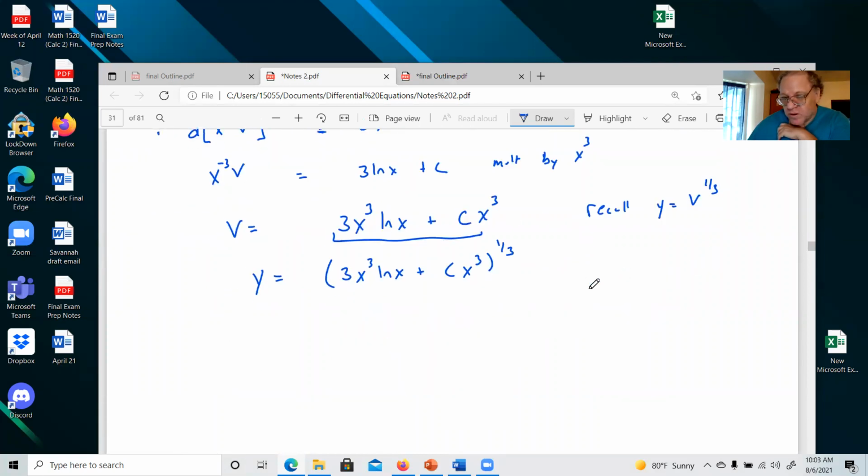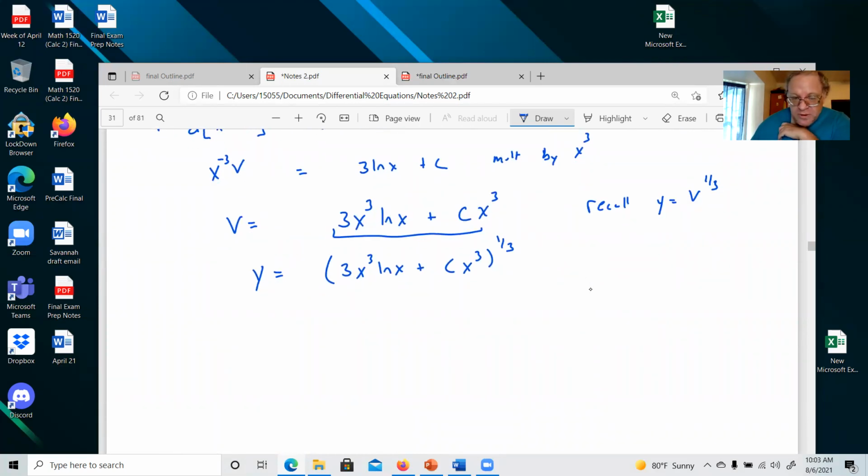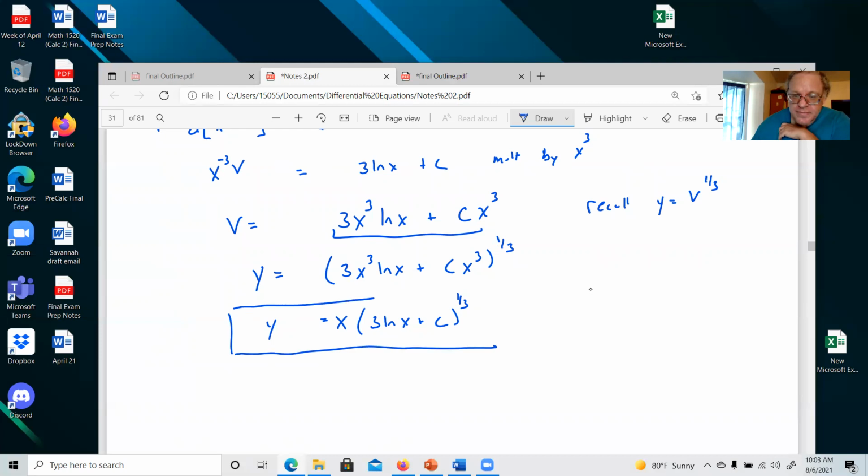I guess we could be a little clever and we could have factored out the x cubed, so we could have x times 3 natural log x plus c to the 1/3 power. And there we go, that was it.